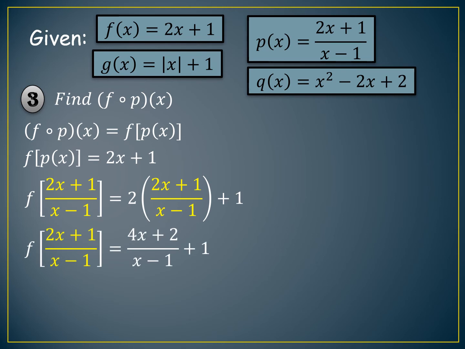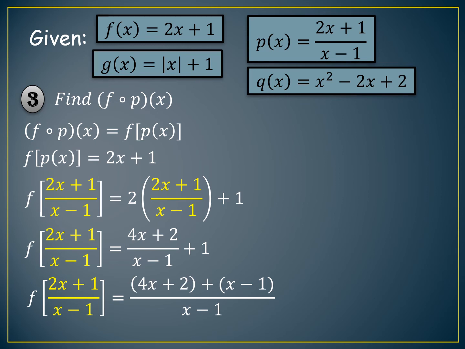So, 2 times 2x is 4x. 2 times 1 is 2 over x minus 1. Then, plus 1. Okay, so how do we add this plus 1 to 4x plus 2 over x minus 1? So, get the LCD. So, the LCD here, or their denominator, is just x minus 1.